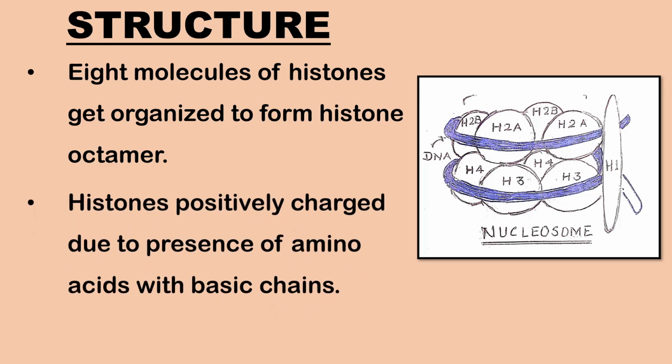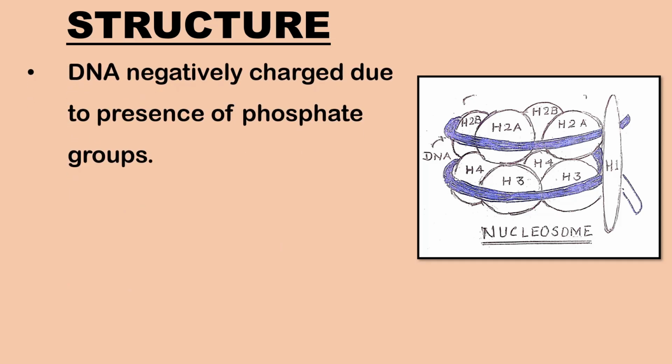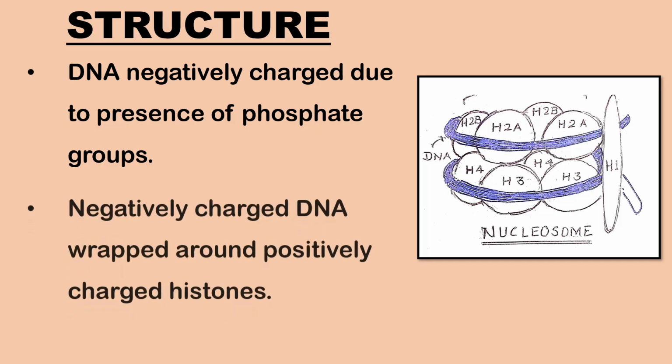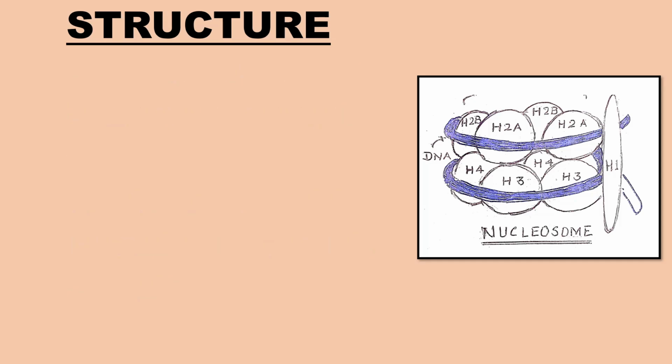Histones are positively charged due to the presence of amino acids with basic chains. DNA is negatively charged due to the presence of phosphate groups. The negatively charged DNA is wrapped around the positively charged histone octamer to form nucleosome.